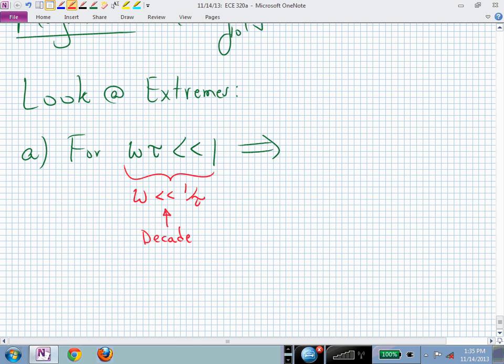So this is omega much less than 1 over tau, and this was our pole location. And tau was our time constant.